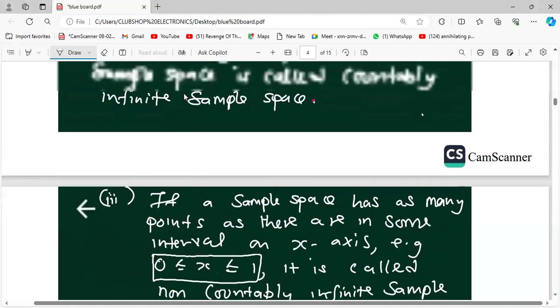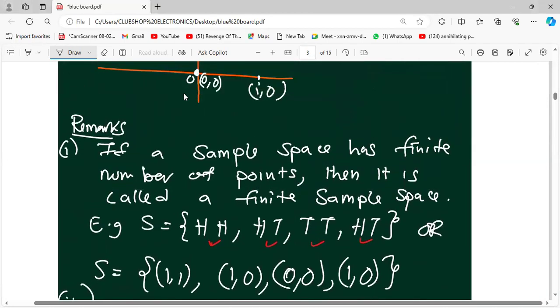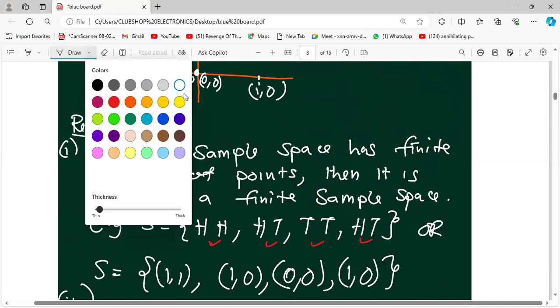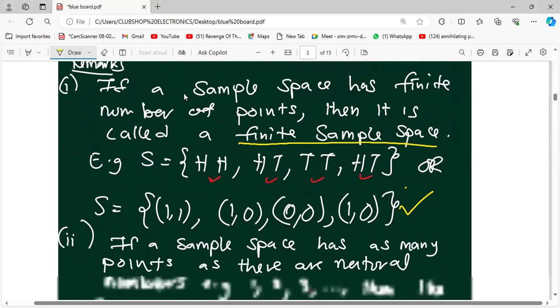This takes us to the first two examples. Here we defined a finite sample space, where we have a finite number of points, like this one where I've got head, head, head, tail, tail, head, tail, tail.